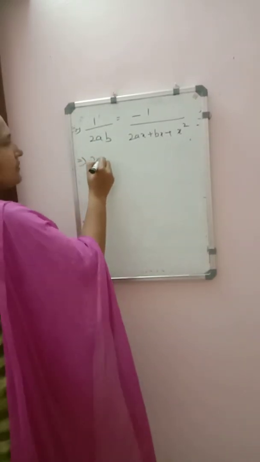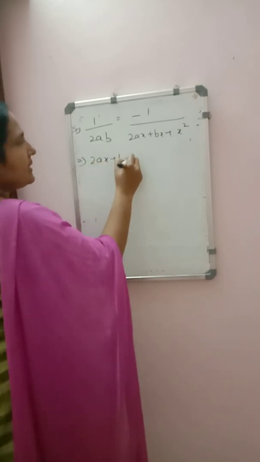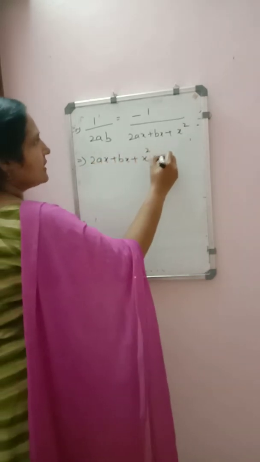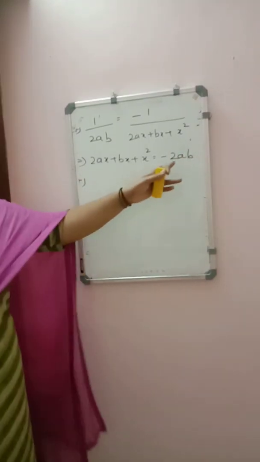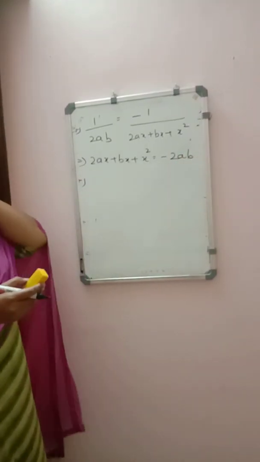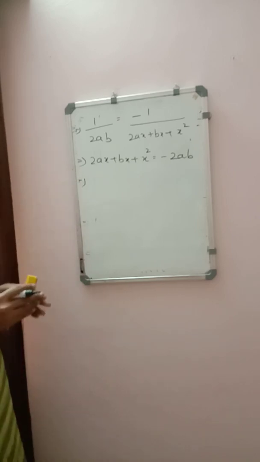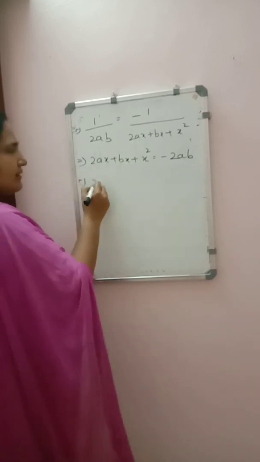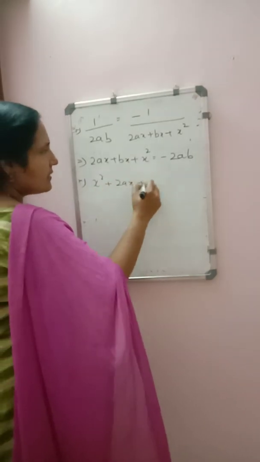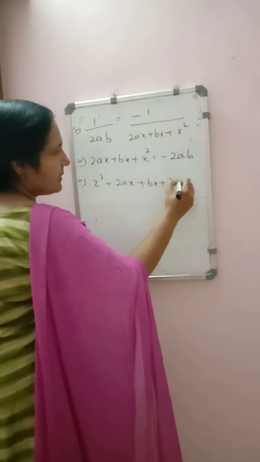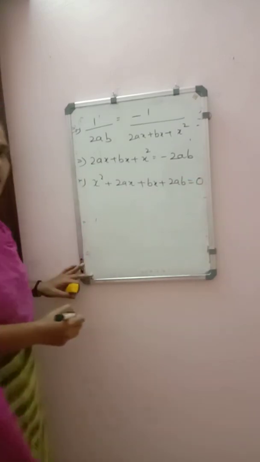So it will be 2ax plus bx plus x square is equal to minus 2ab. Now we can shift minus 2ab to left hand side, and we are arranging. Highest power of x should be written first. x square plus 2ax plus bx plus 2ab equal to 0.